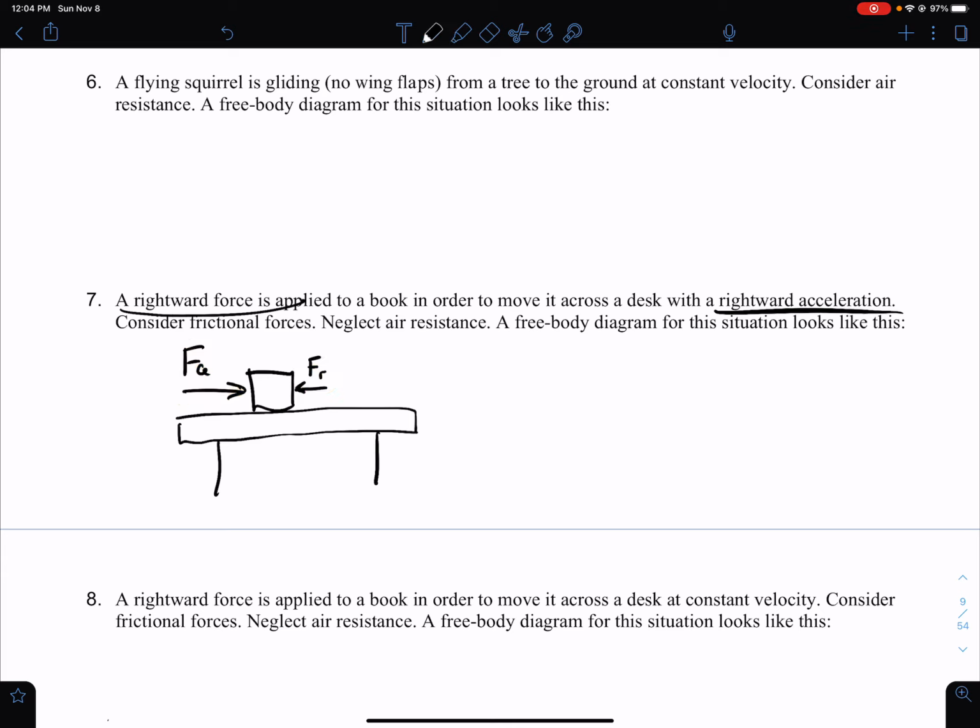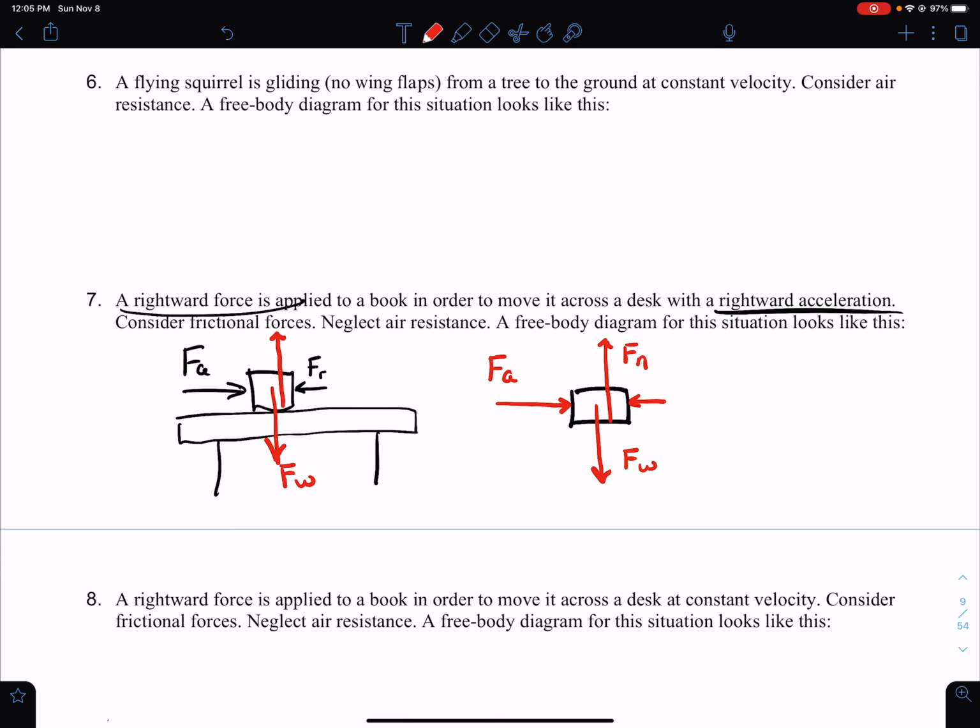So let's draw our free body diagram for this. You have your book. We know that the weight of the book is going to be acting downwards, so I'll put this on here. We know that the table is supporting the weight of the book. That's the normal force, Fn. I know that there is an applied force that's going to be pushing the book across the tabletop. And then I know that there's going to be a frictional force that's acting against us.